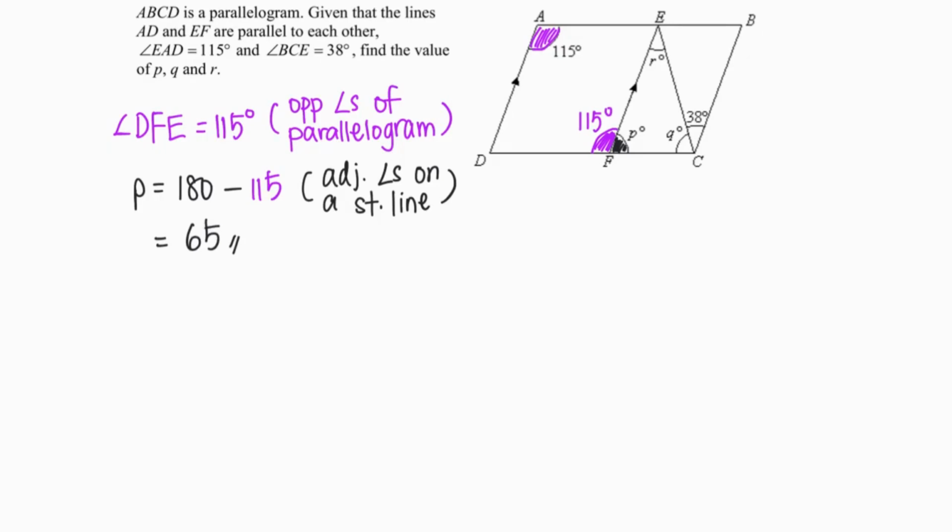And do take note, ABCD is a parallelogram. That means this thing is also 115 degrees, so I can just make use of that straight away. Again, angle DCB is equal to 115 degrees, opposite angles of a parallelogram.